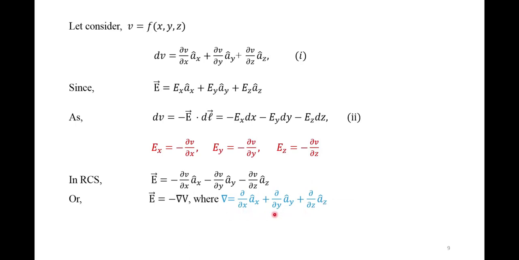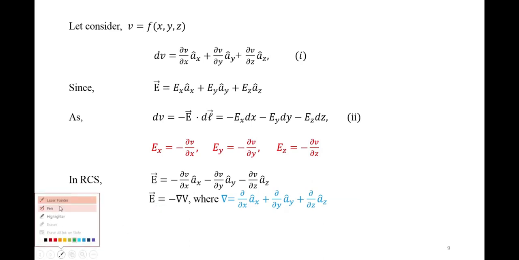So the product of the nabla operator, or del operator, with the potential function represents the negative gradient of scalar potential, which returns us the electric field.